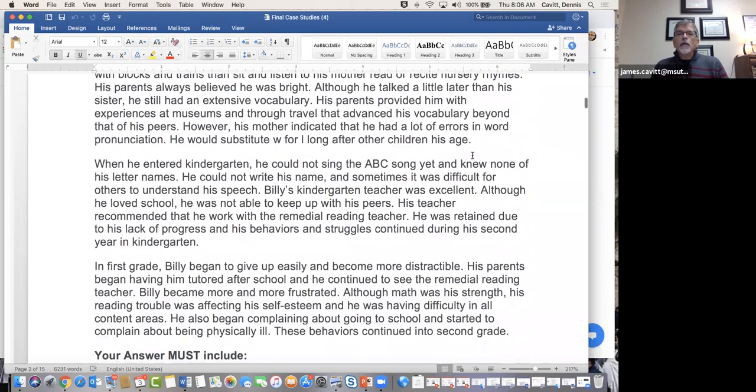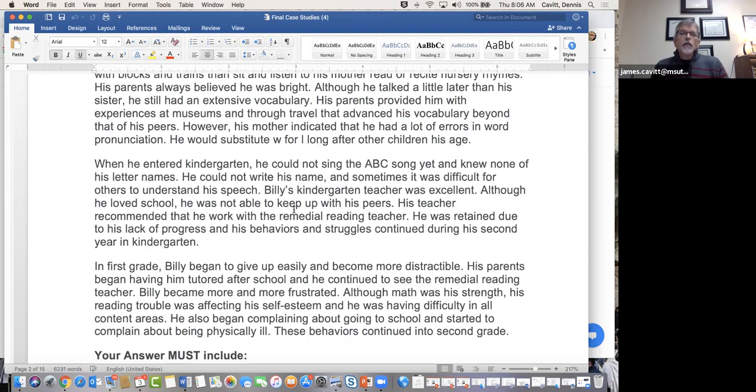However, his mother indicated that he had a lot of trouble with errors in word pronunciation. He would substitute W for L, like willow or lilo, those kind of things. And that extended longer than most children of his age.